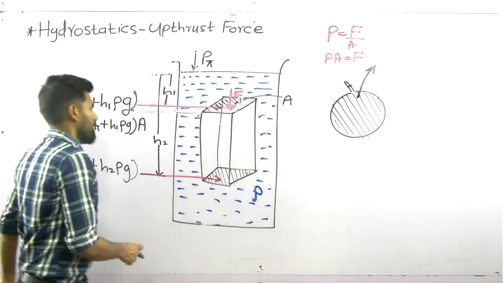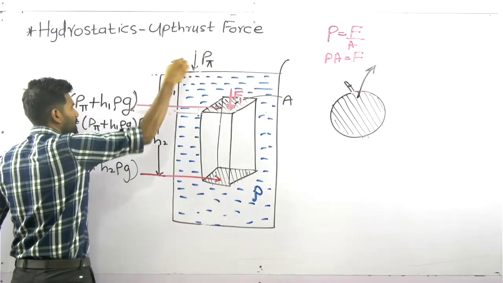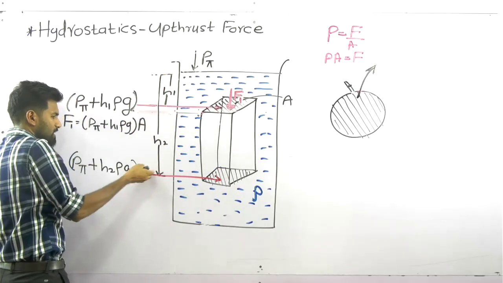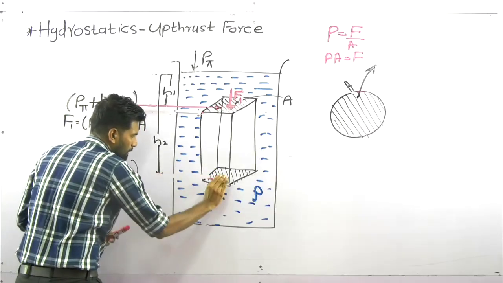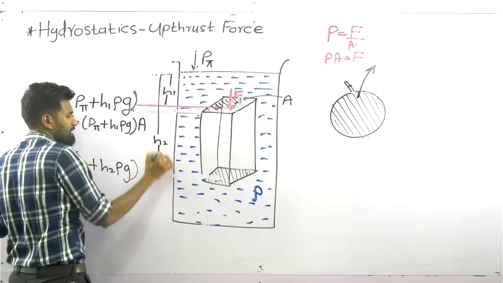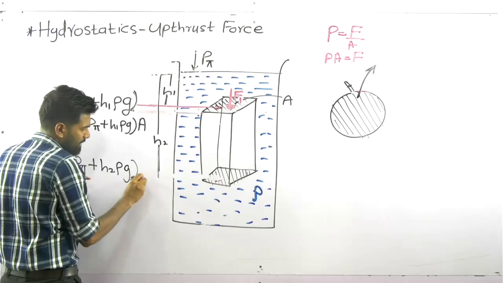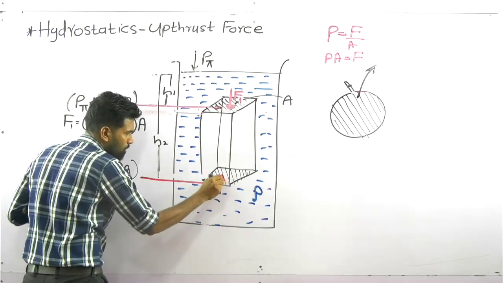So, to write the pressure value here, atmospheric pressure P0 plus H2 rho g is the pressure value, as it is the lower level of the object. This is the place, and pressure is acting upward also.